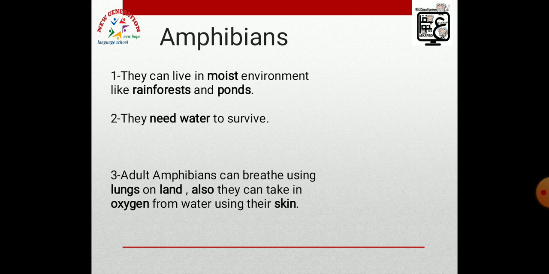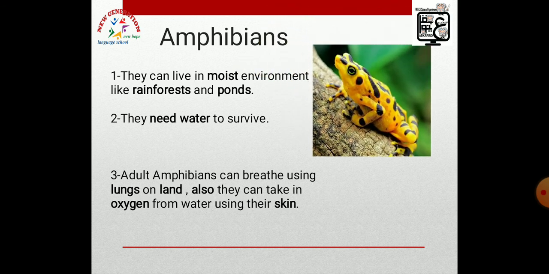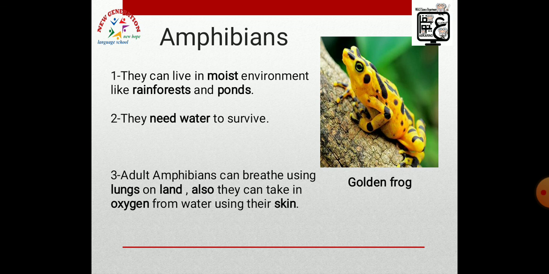First, amphibians can live in moist places, such as the golden frog. Look at this picture. This is a golden frog. They can live in moist environments like rainforests and ponds. Moist means the place has water.